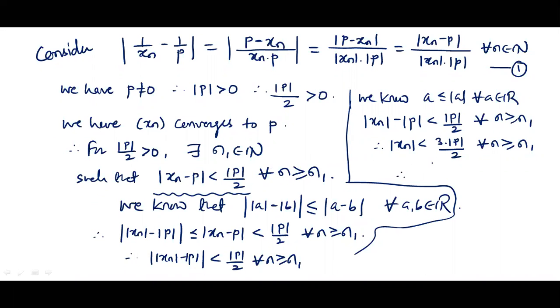Actually, what I want is 1 by mod of xn less than or equal to something, right? So don't consider this.